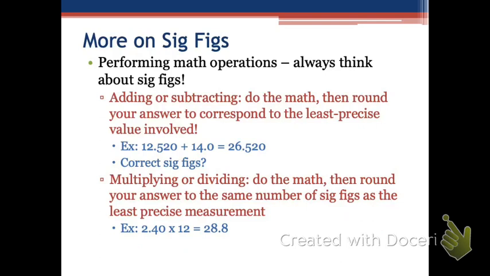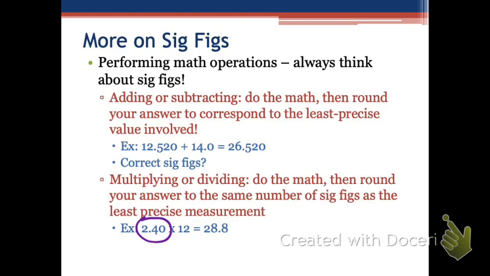All right, so let's look at this one. I did the math for you. 2.40 times 12. The raw answer there is 28.8. We need to decide how many significant figures my answer can have. Oh, okay, you guys are looking at decimal places. We need to look at sig figs.